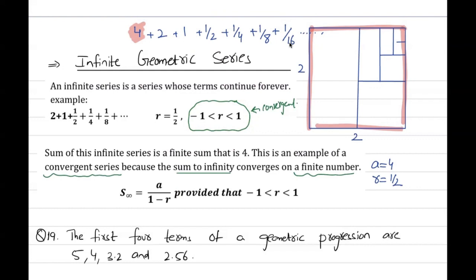Such a series is going to have a sum to infinity, which converges to a finite number. If you're asked to calculate the sum to infinity, you use this formula: S infinity is equal to a upon 1 minus r.